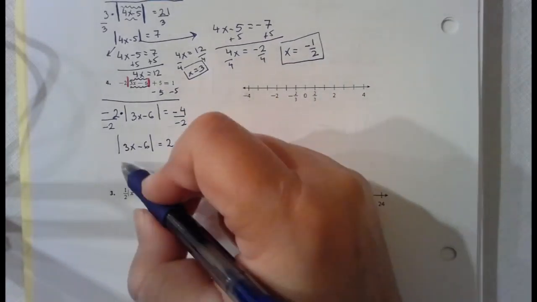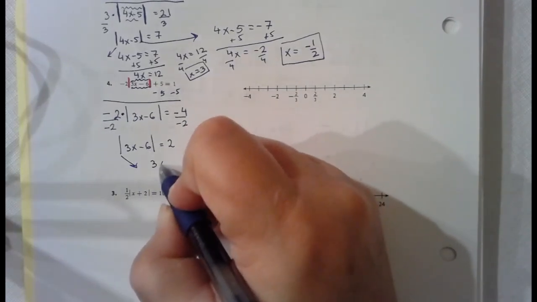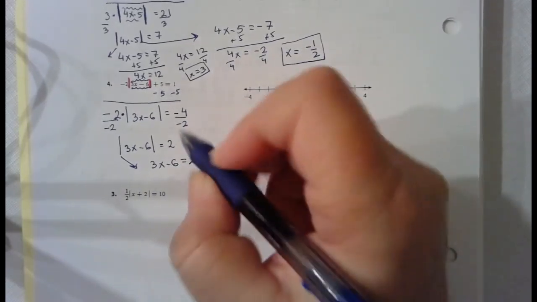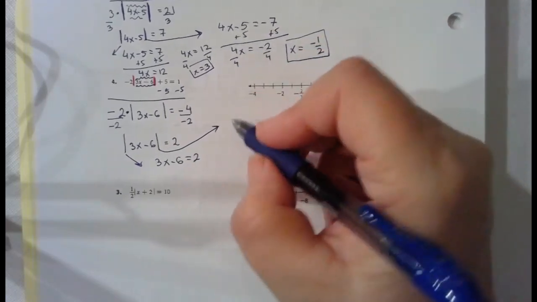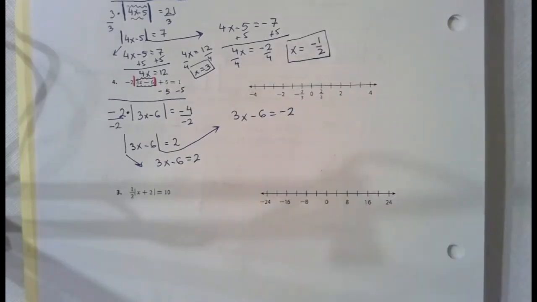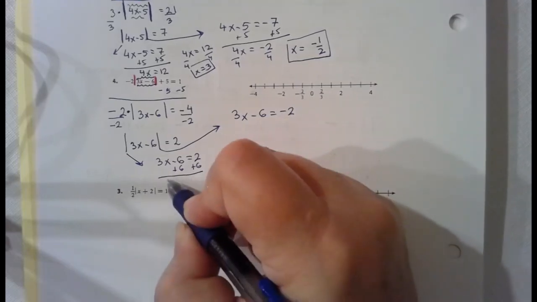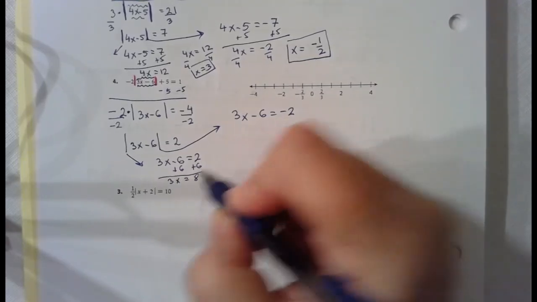So now you have two equations. The first one's going to be 3x minus 6 equals +2. And the second equation is 3x minus 6 equals -2. So adding 6 to both sides, you have 3x equals 8.